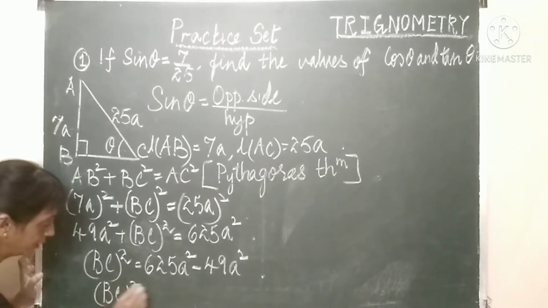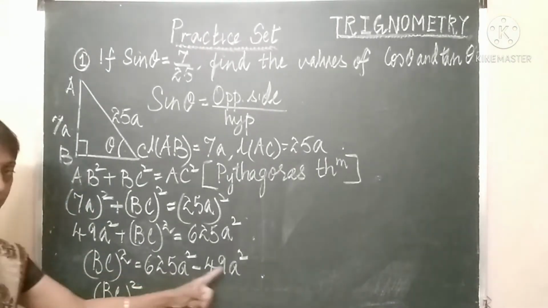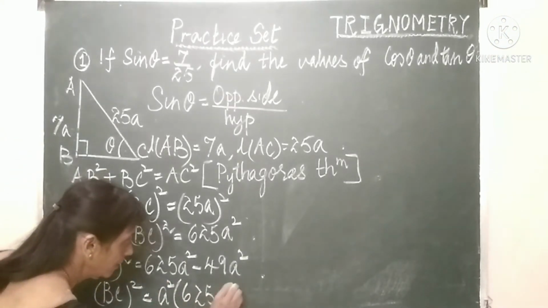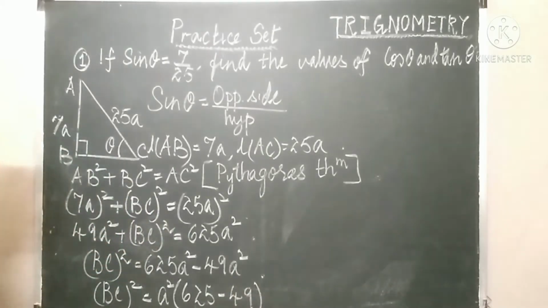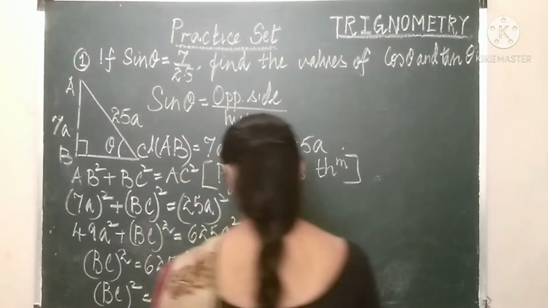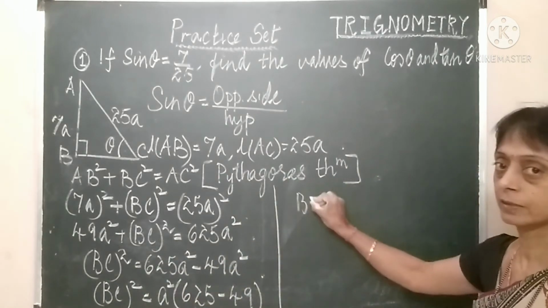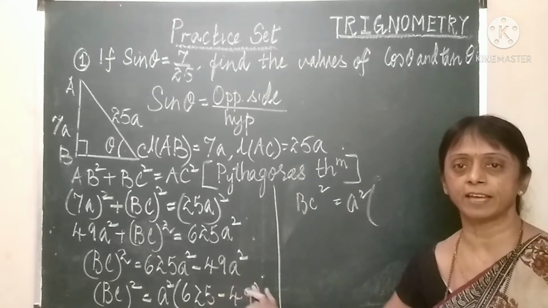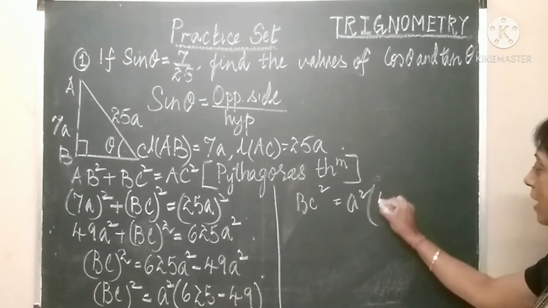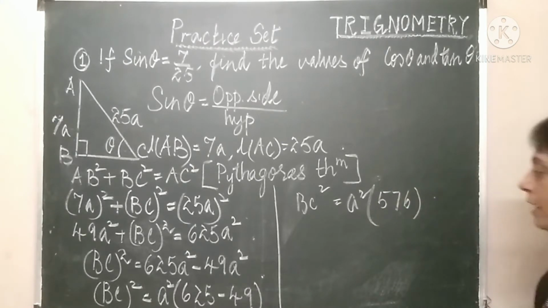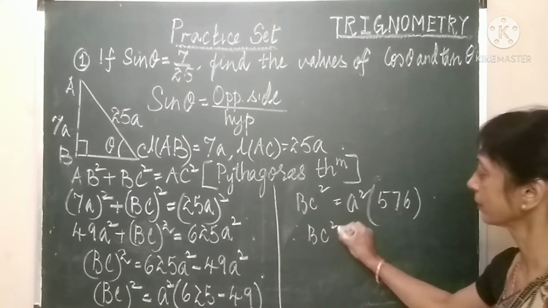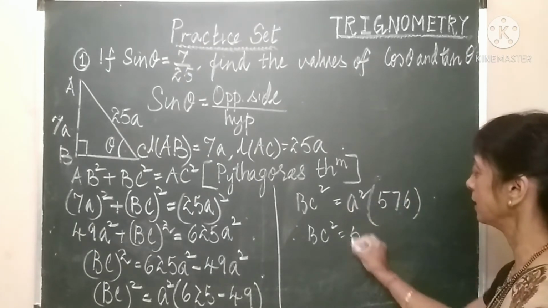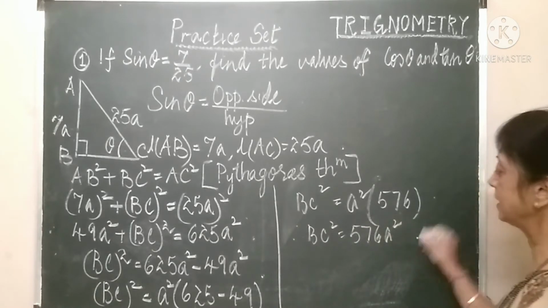Thus, BC square, to move on with our calculations, you can take out a square common into bracket 625 minus 49. BC square, which is equal to a square into 625 minus 49 is 576, right? So therefore BC square is equal to a square into 576. When you take the product, gives you 576a square.